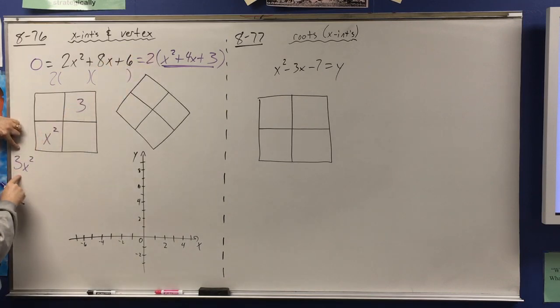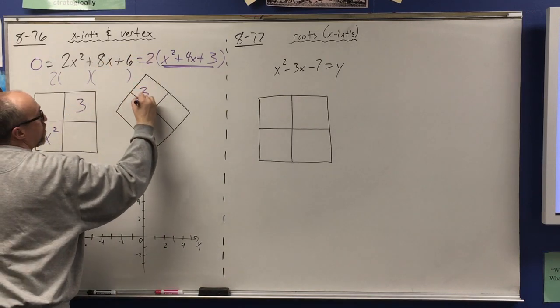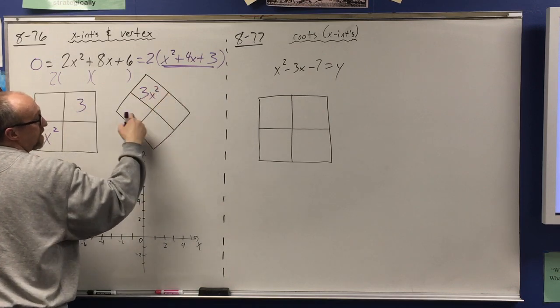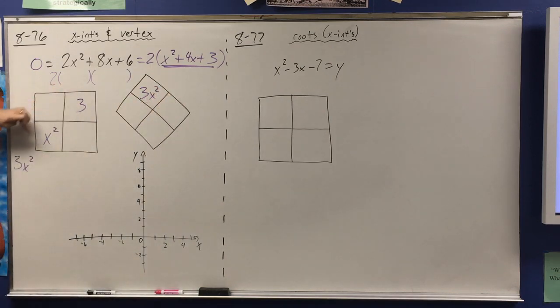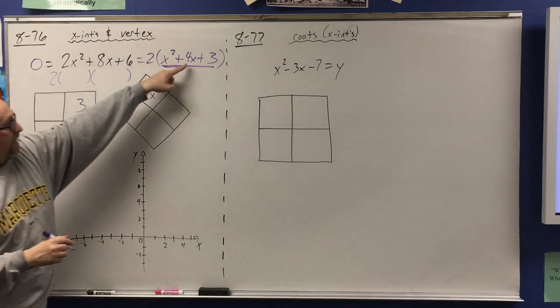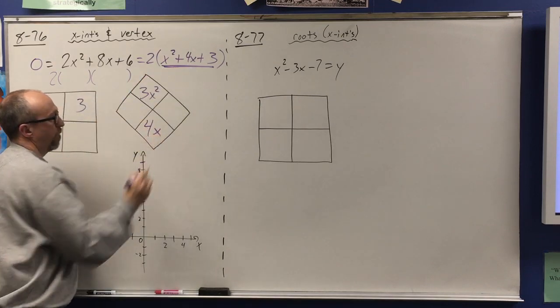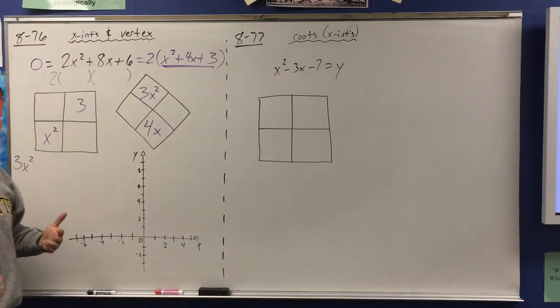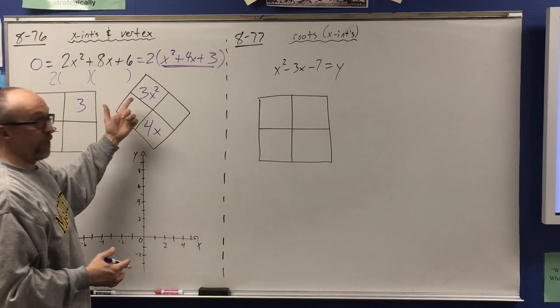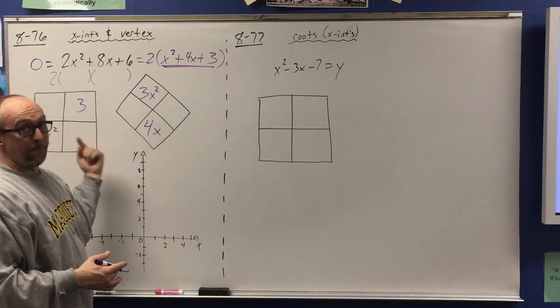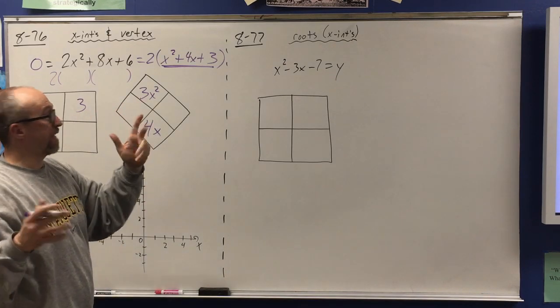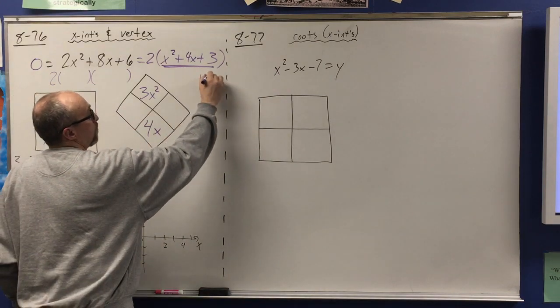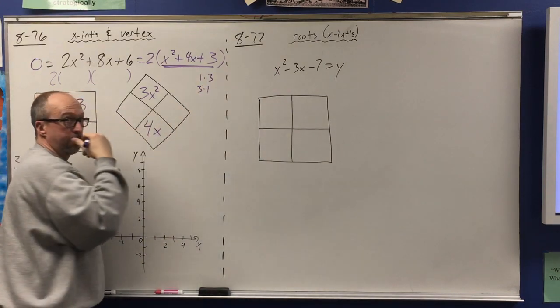We multiply on the diagonal. And so I'm looking for a pair of things that multiply to 3x squared and add up to the middle term, 4x. There aren't a lot of ways to get 3. I always look at the things that multiply first. That's what makes this easier. There's only 1 times 3 and 3 times 1.